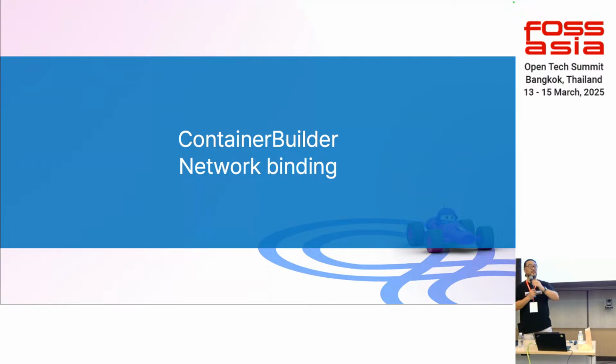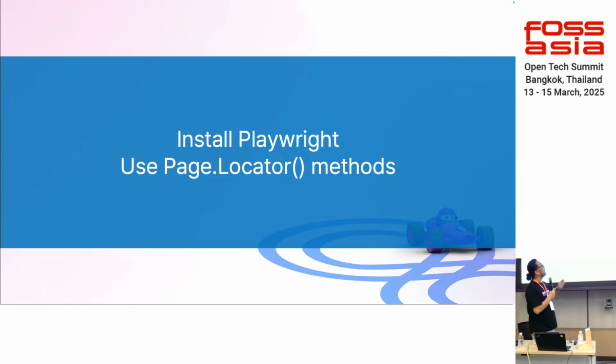So we also need the network binding capability here, and during the test process, we also need to install Playwright. If we want to get the web browser's HTML element, then we use the page.locator method to pick up the right HTML element. So these are the two steps we are going to do right now.